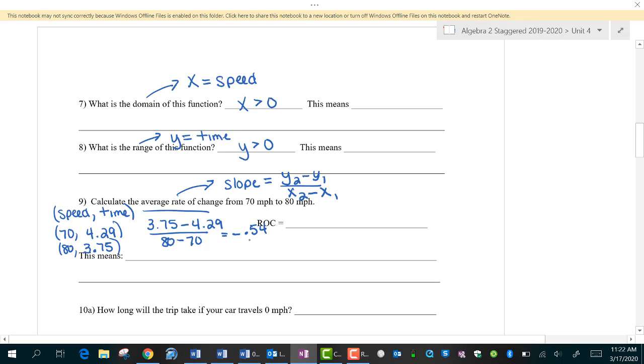So I get negative 0.54 divided by 10, which gives me negative 0.054. What does this tell me?